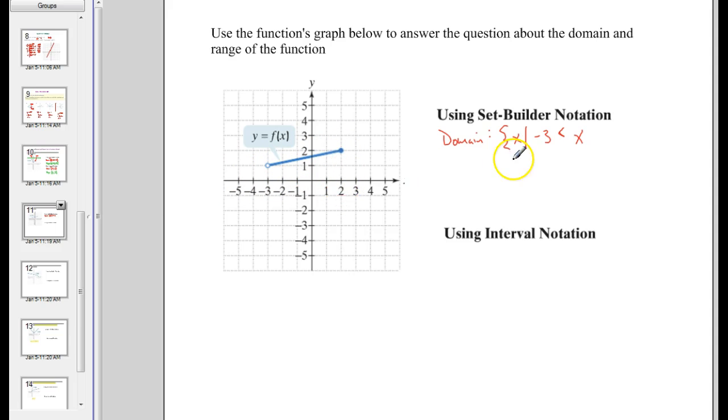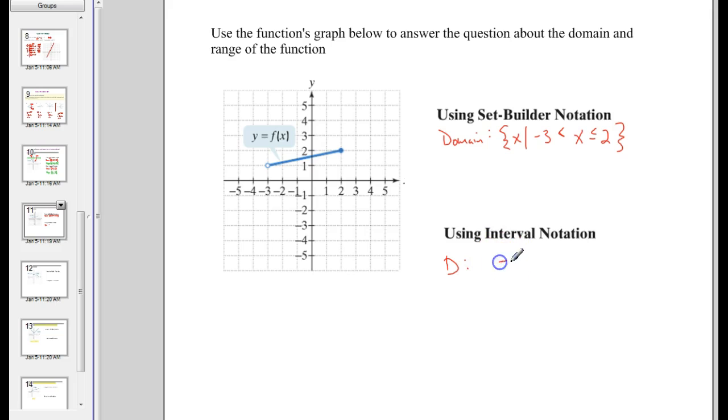That's the last x value where I hit the graph, and it's closed, so I need less than or equal to 2 this time. Alright, in set builder notation, I'm going to just put D for domain.